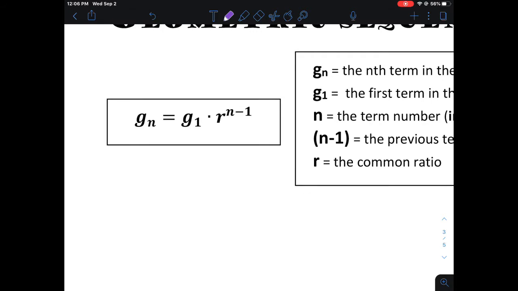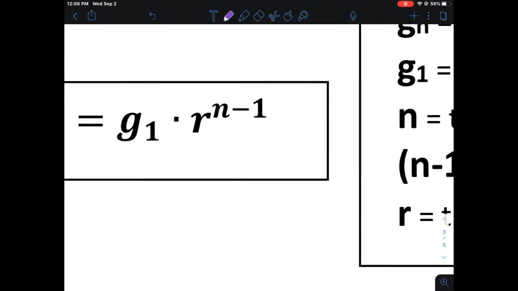N is still that term number. Notice now that this n minus 1 is in the exponent. Okay, it's not times n minus 1 in parentheses. It is in the exponent. So as you're writing these, make sure that you are writing it clearly in the exponent so that you don't confuse yourself.